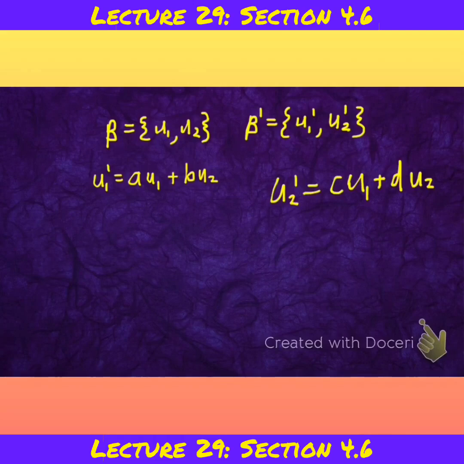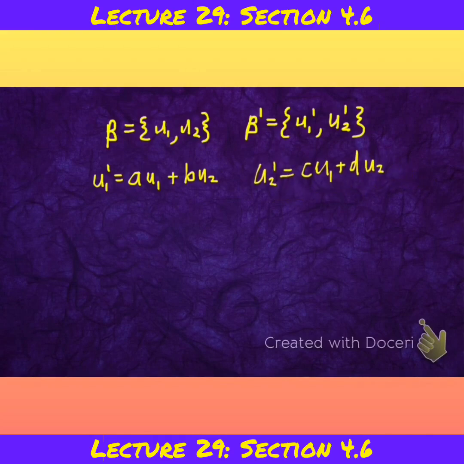Right, and then you can do the same for the second vector. You can write u2 prime as a linear combination of the vectors u1 and u2. So the coordinate vectors with respect to the basis B become, right, so there's u1 prime with respect to the basis B, that's my coordinate vector.